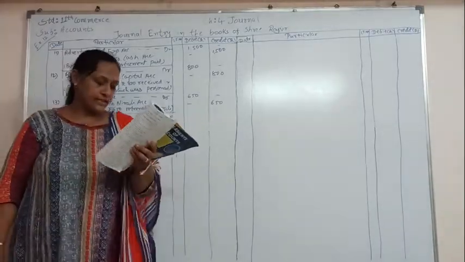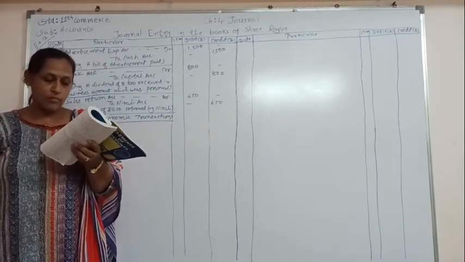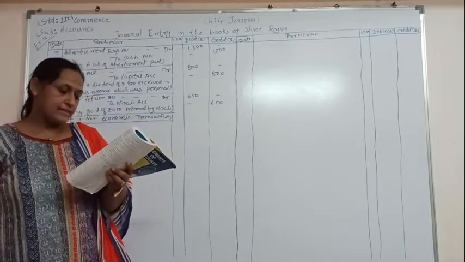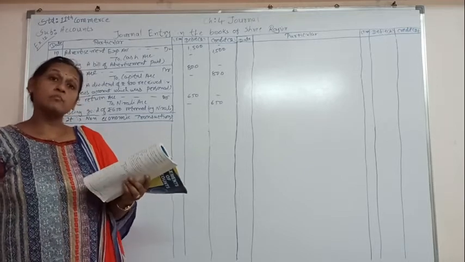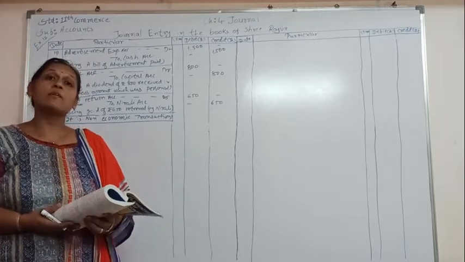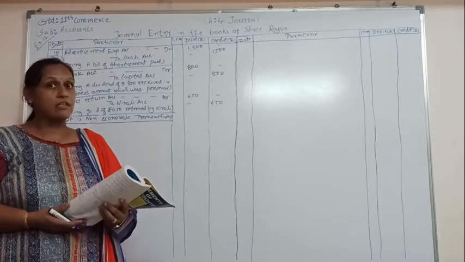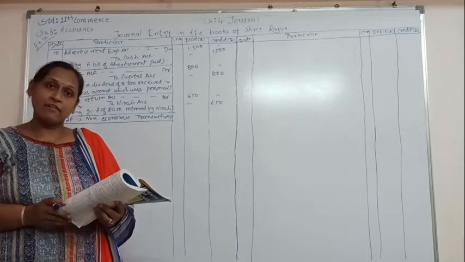Now let's see date 15. A cheque of half amount is received from Bhumik and cash discount allowed. So here Bhumik has taken the goods of 23,400. From that he has given half the amount. So half of that will be 11,700 and we have given a discount of 1,170 rupees.